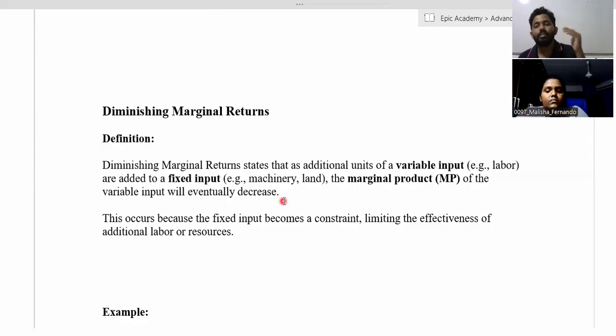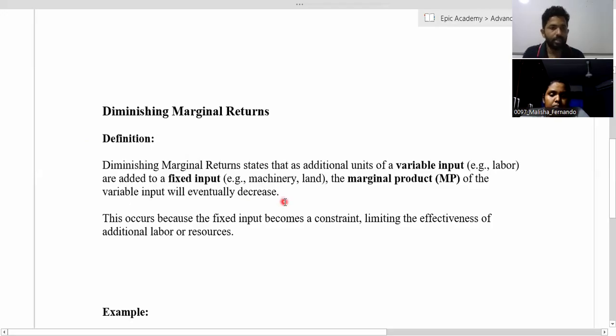That's the meaning of diminishing marginal return, diminishing additional returns. So it belongs to the short time period. That kind of law, that kind of theory, you can identify only in the short run, not in the long run.